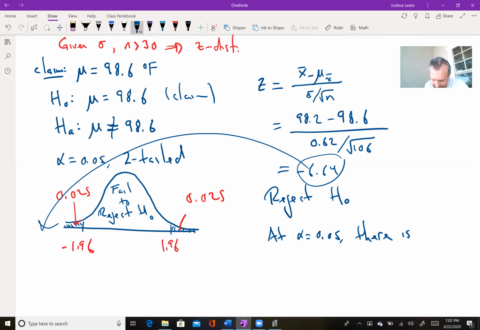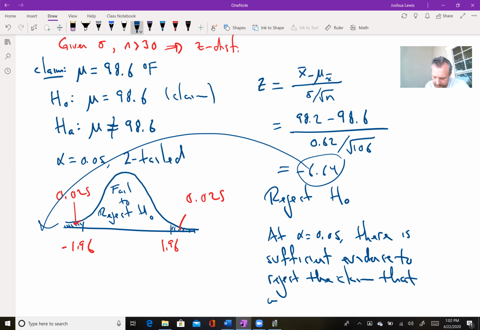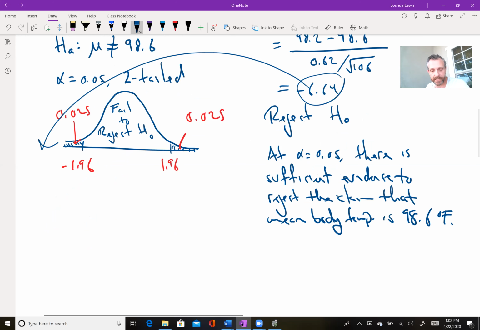So we'd say there is sufficient evidence to reject the claim that mean body temp is 98.6 degrees Fahrenheit.